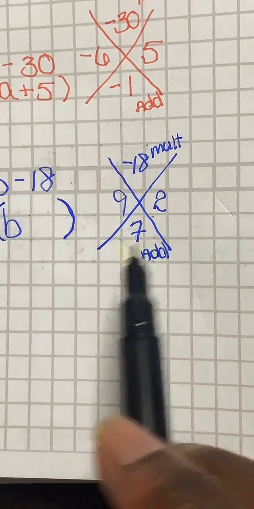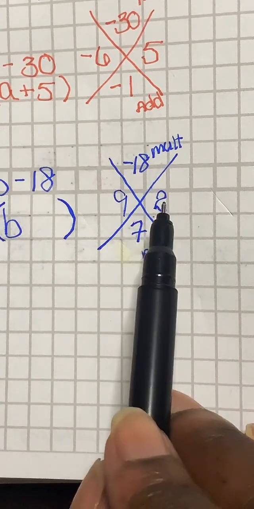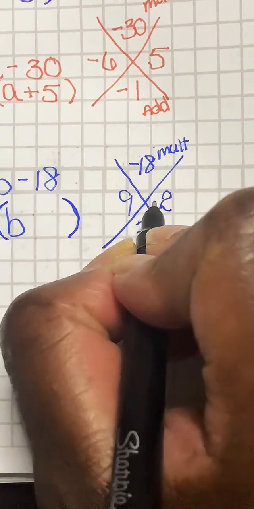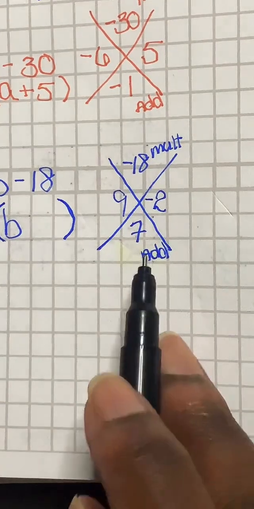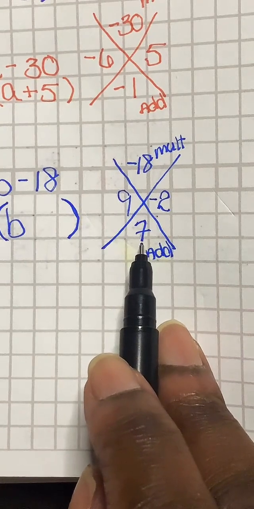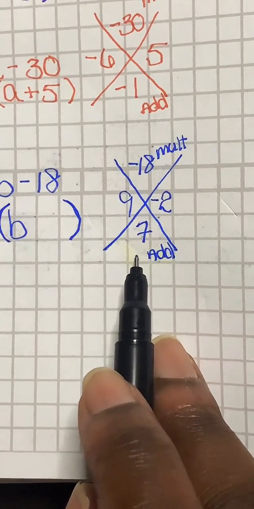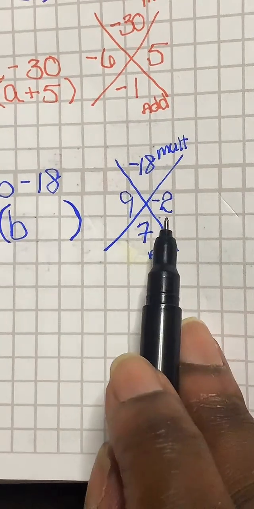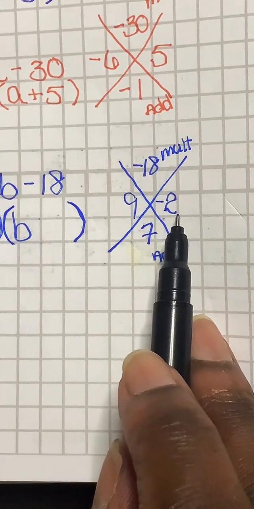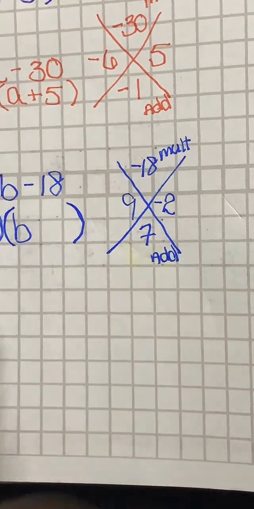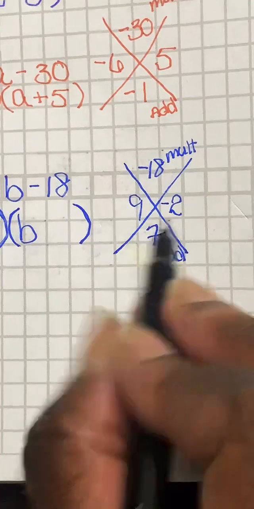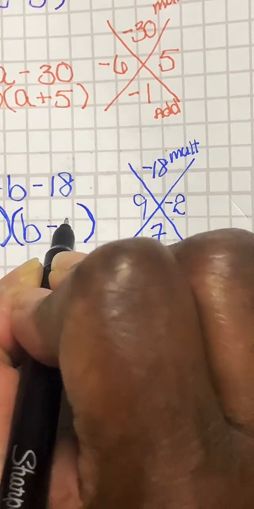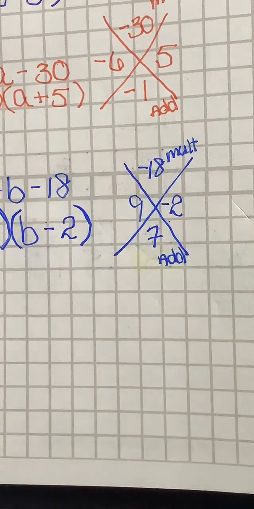So if you had $9 and you spent 2, that means you have $7 left. Okay, good. So the 2 is going to be the one that's negative. Since my 9 is positive, I put plus 9, and this is negative, so that'll be a minus 2.